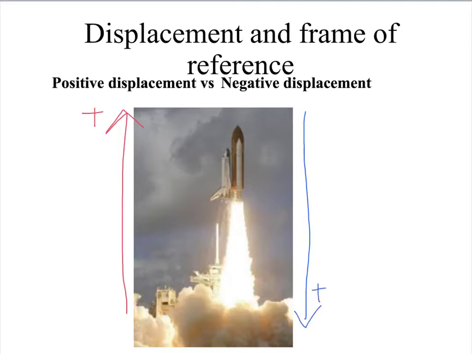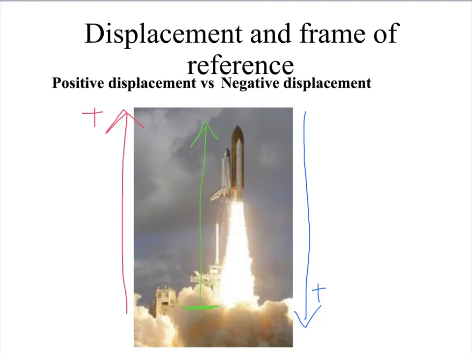Okay? So in each case, we have our rocket, okay? And he is going to be moving, right? So he is moving in this direction. Okay, and he's traveling in a straight line, so straight line distance is really easy.